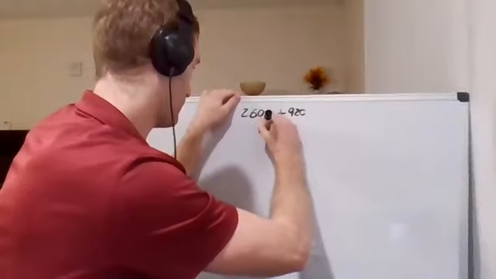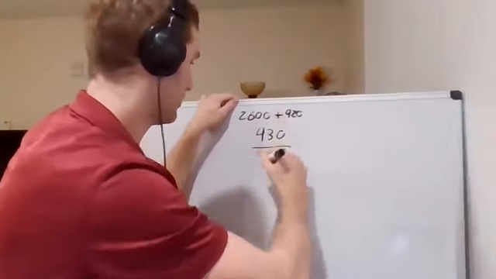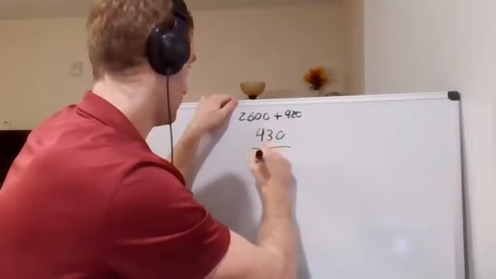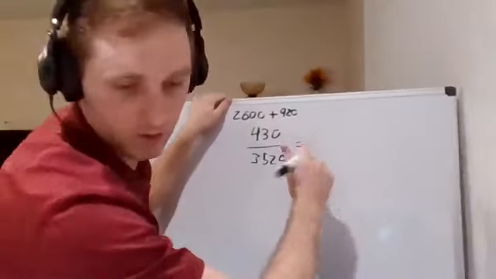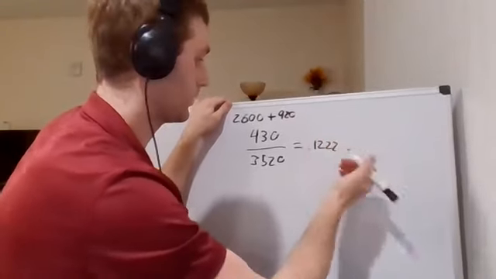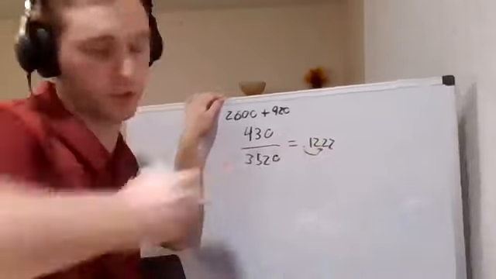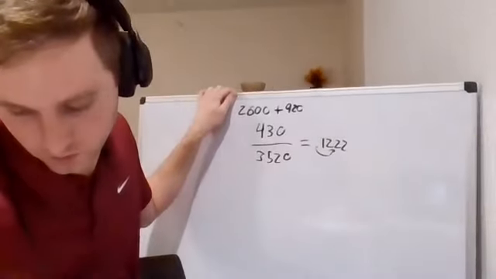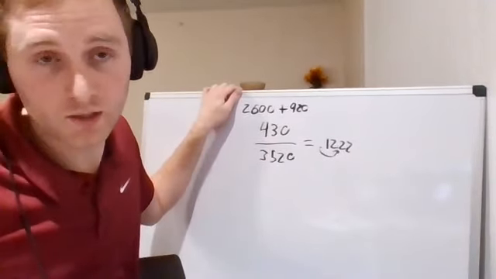Yeah, so it's got to be 430, which is your inventory, divided by 3,520, and that gives us 0.1222, which is just a decimal, so we have to turn it into a percentage, so it'll just be 12.22%. Does that make sense to everybody?